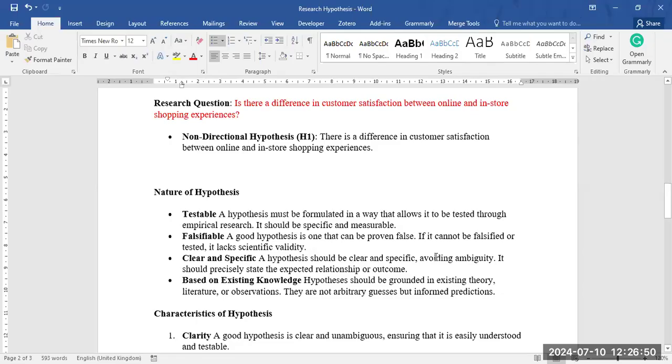Nature of a hypothesis. Now you see, testable hypothesis.